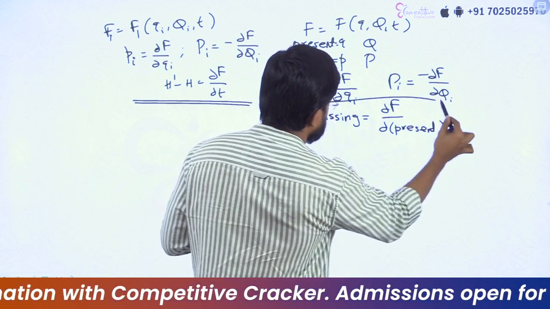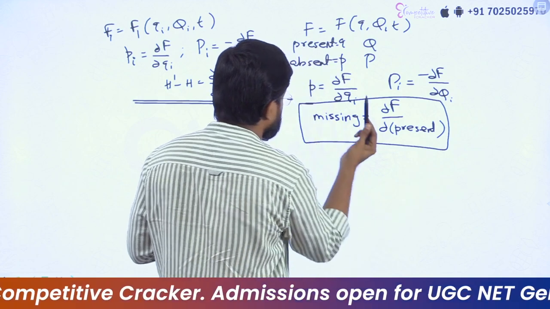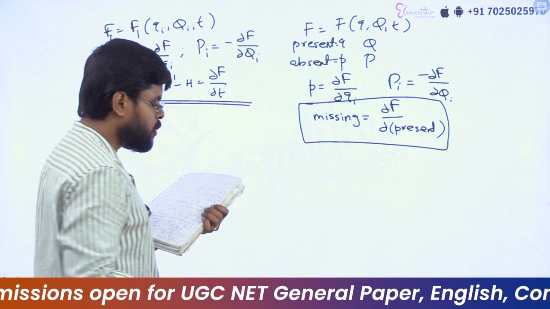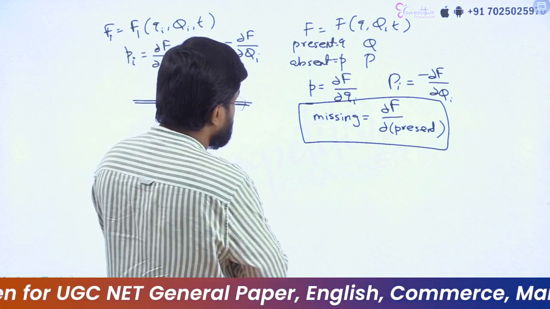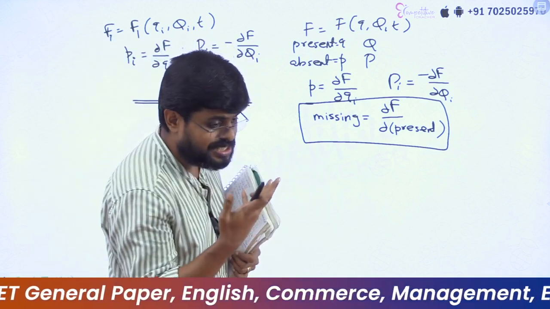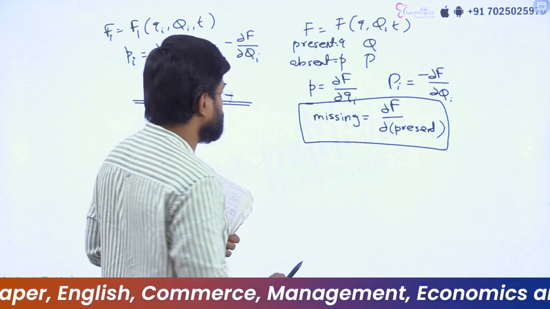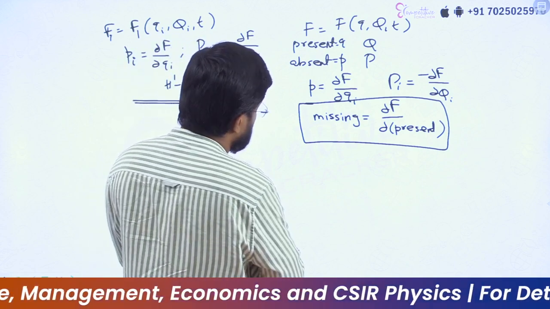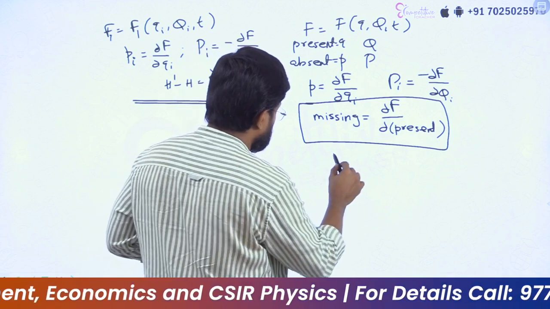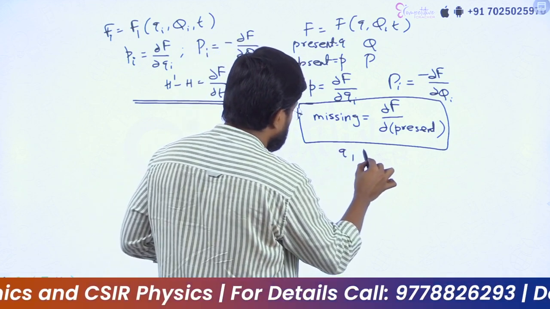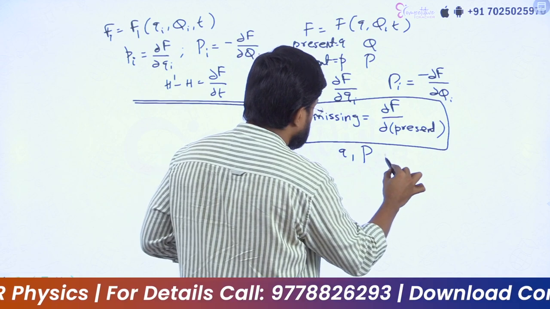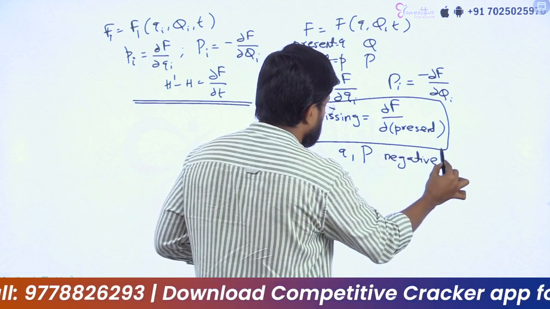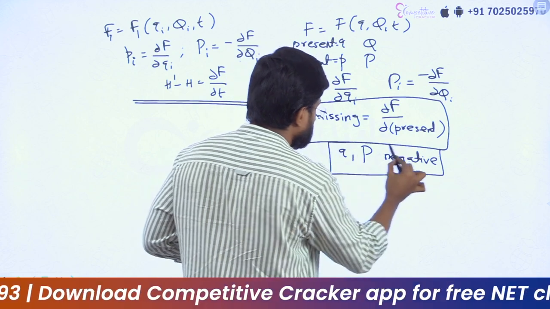Remember, the missing term equals ∂F by ∂present. Then how do we put the negative sign? The negative is with the missing term equal to ∂F by ∂present: always put small q and capital P negative.